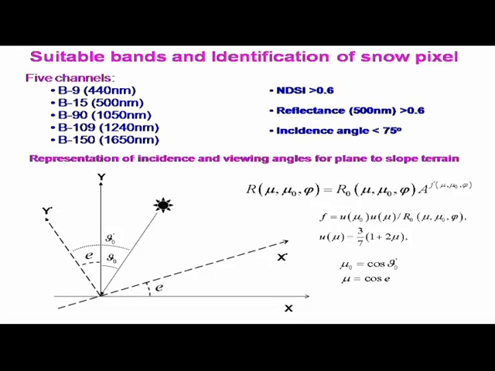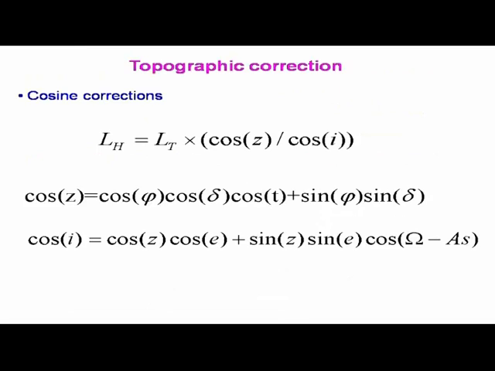But in the Himalaya there are different slopes and aspects, so terrain or topography correction is very much essential to estimate the snow characteristics. For that we have applied the cosine correction because this is one of the simplest models.